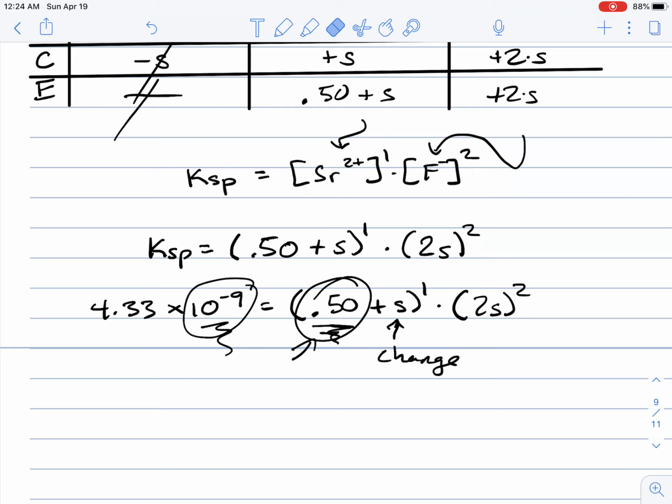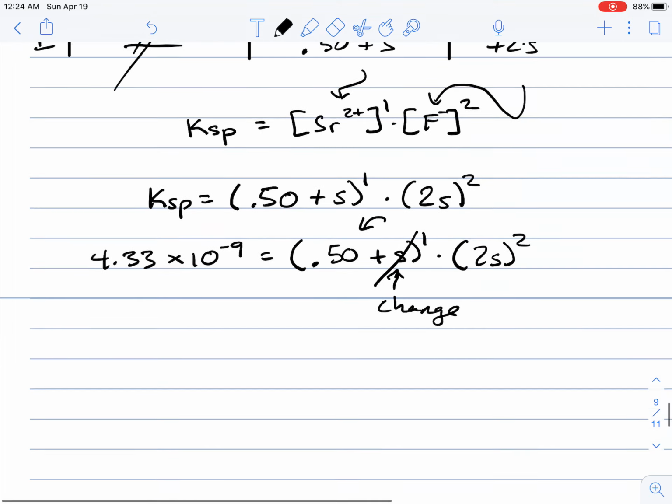I'm using the magnitude as a tool of evaluation to assess whether or not the change is going to affect the number it's being added to, which is 0.50. And so, long story short, it's not, so therefore you can go ahead and ignore it. So I'm going to go ahead and ignore this S.